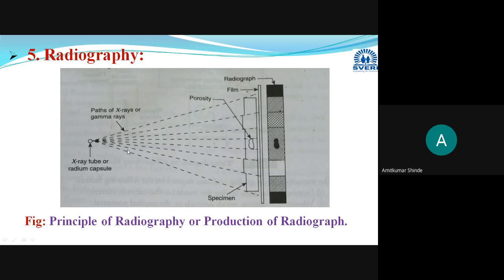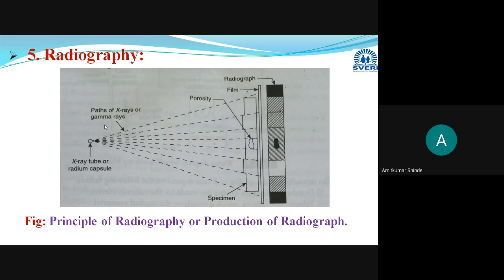In this radiography technique, you can use X-rays or gamma rays. You can also use neutrons. Nowadays a new technique, neutron radiography, has been developed, but that part is not in your syllabus. Just two types are in your syllabus. The first is X-ray radiography, and the second is gamma ray radiography. On which basis are these names given?